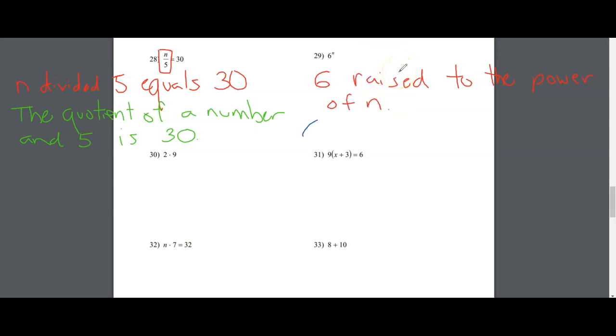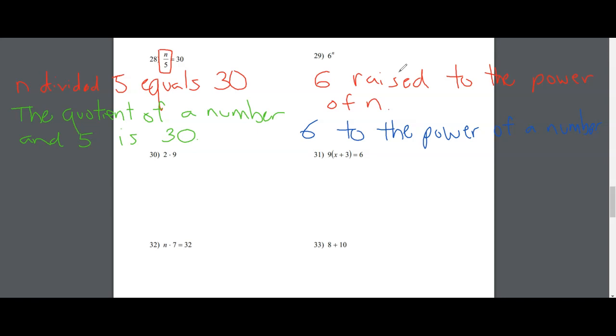We could also just say 6 to the power of a number. And again, there's also some other tweaks we could make. We could just say 6 to the nth power if we wanted to as well.